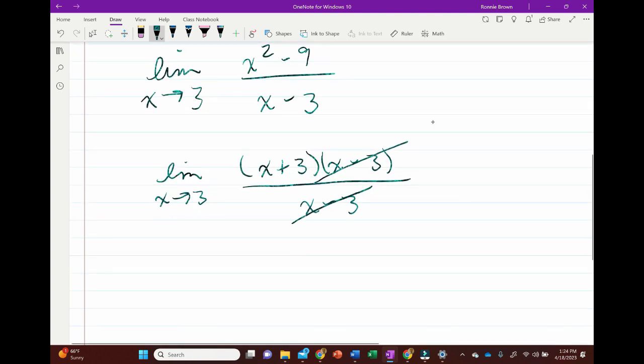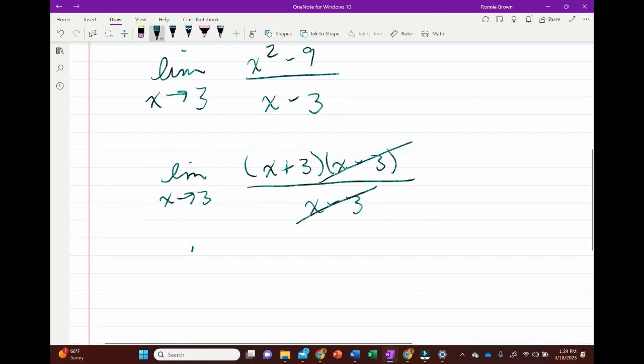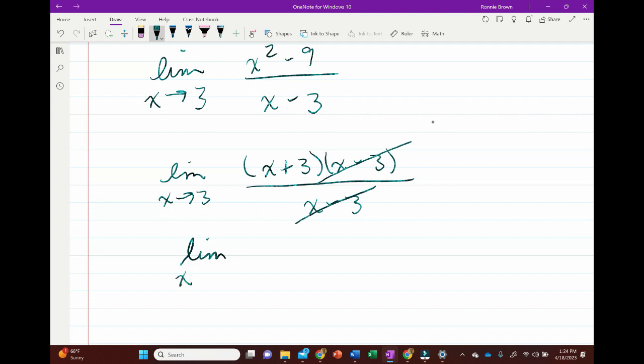And then we'll have the limit as x approaches 3 of x plus 3. So then I can just go ahead and substitute directly a 3 in for x. Then we'll get 3 plus 3, which is 6.